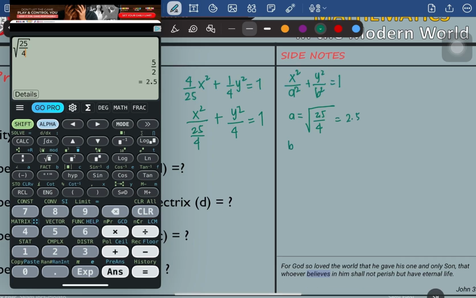Then for b, the square root of 4 is 2. Then to get the c, the square root of 25 over 4 minus 4 is 1.5.